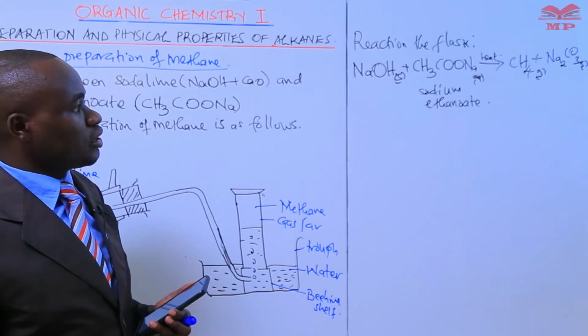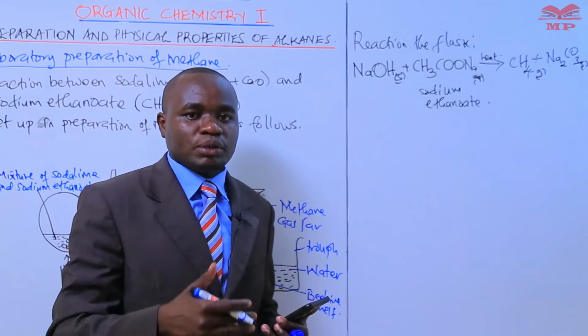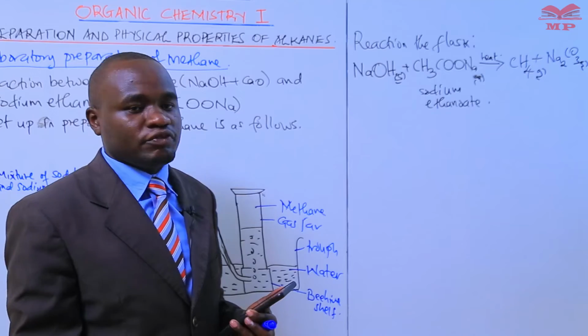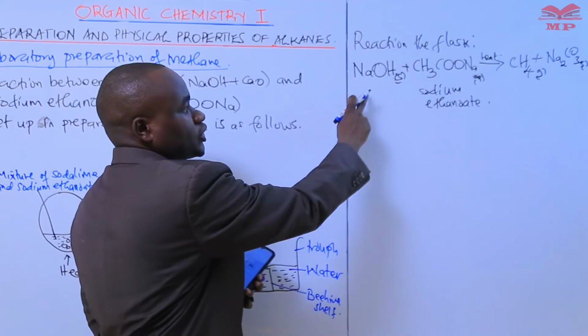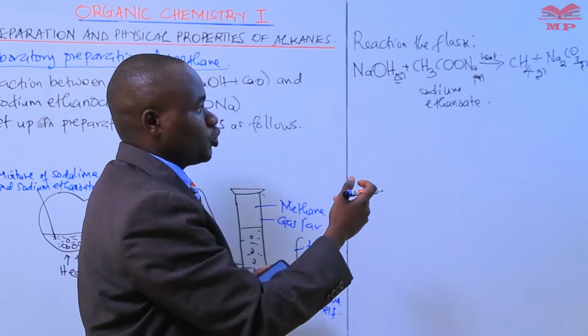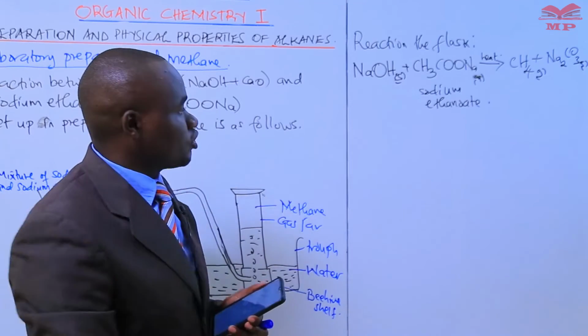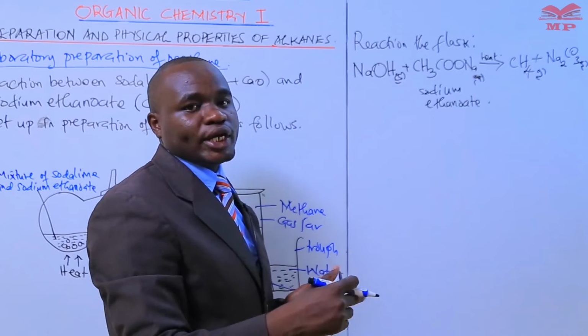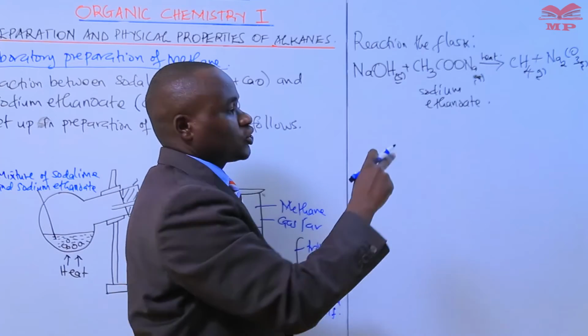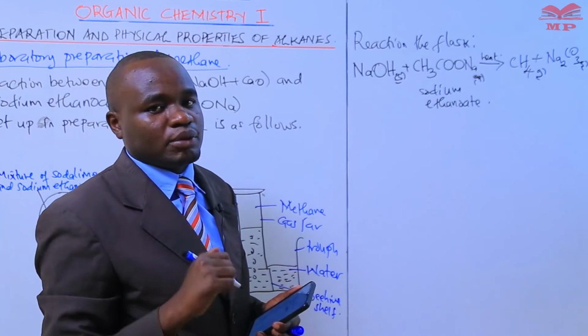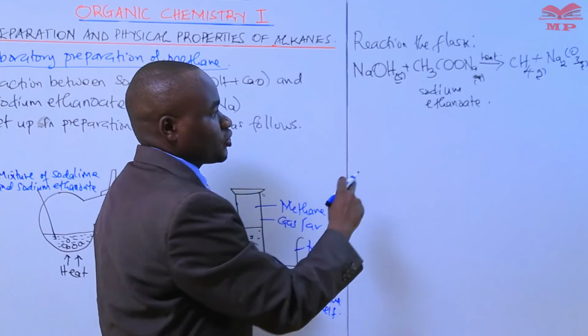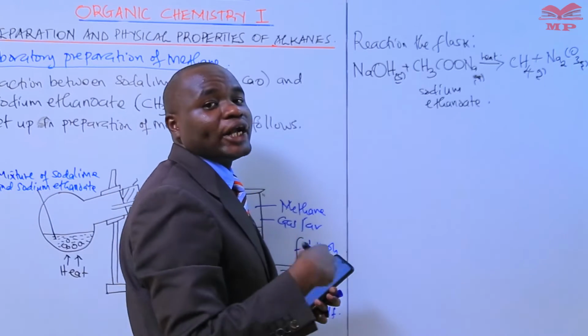As you know, ethane contains 2 carbon atoms. Now, the difference will come here. The soda lime will be the same, but what will be different will be this organic salt. So, instead of sodium ethanoate, we now use that organic salt that has 3 carbon atoms, and that organic salt is called sodium propanoate.